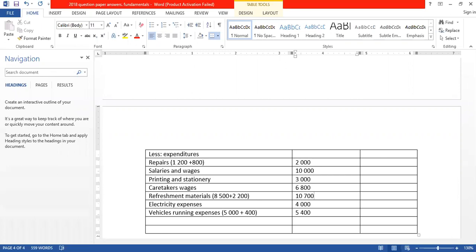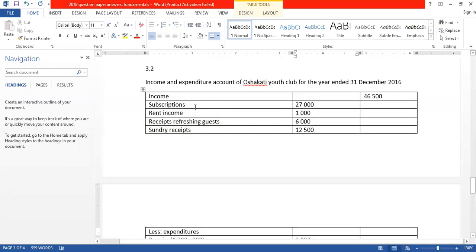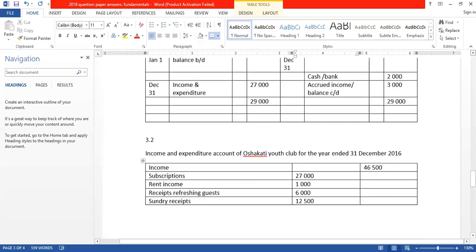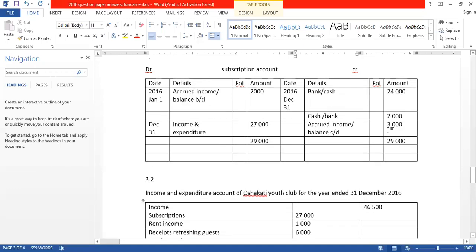That's why we did not have to add it on our subscriptions, because it was already added. If you check your subscription account from yesterday, the 3,000 which is accrued, still owing, was recorded already, so it's already included in the 27,000.